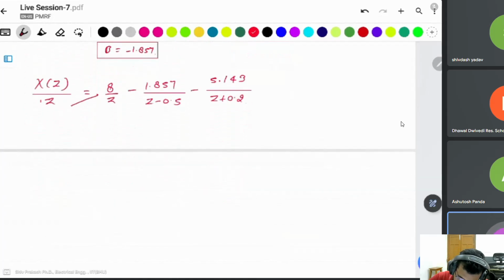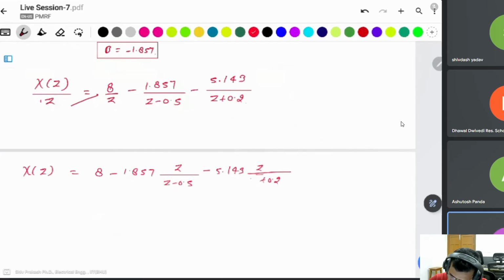This will be multiplied by z here, then X(z) is equal to 8 minus 1.857 z divided by (z minus 0.5) minus 5.143 z divided by (z plus 0.2).